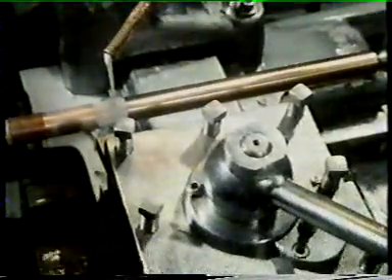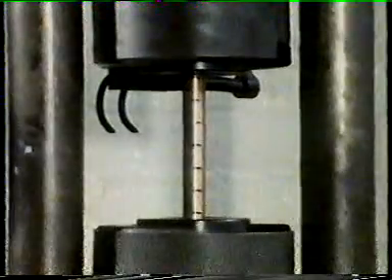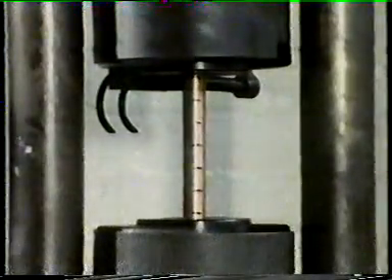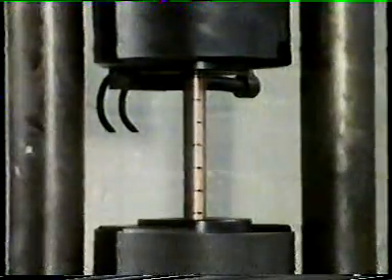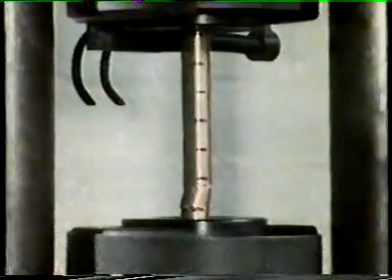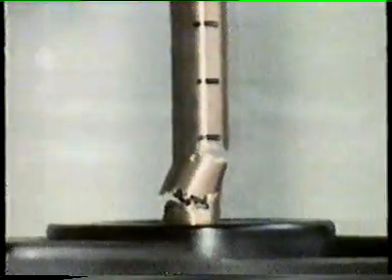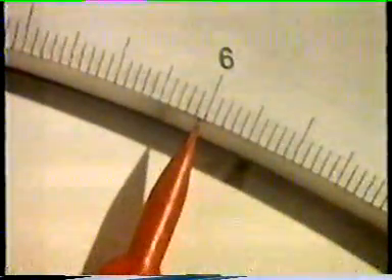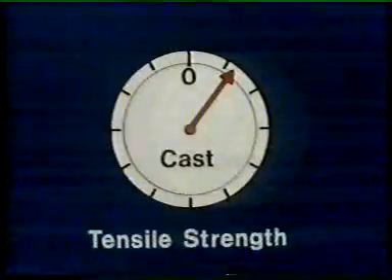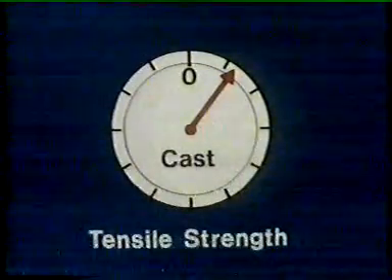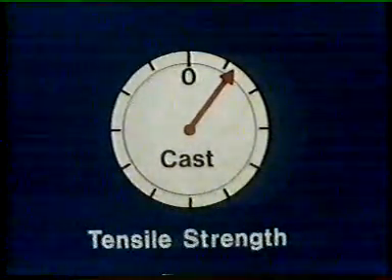There. Now for the test. It's much weaker than the drawn tube. Only 6 kilonewtons this time. Since the tubes were the same size, this means that the tensile strength has increased.